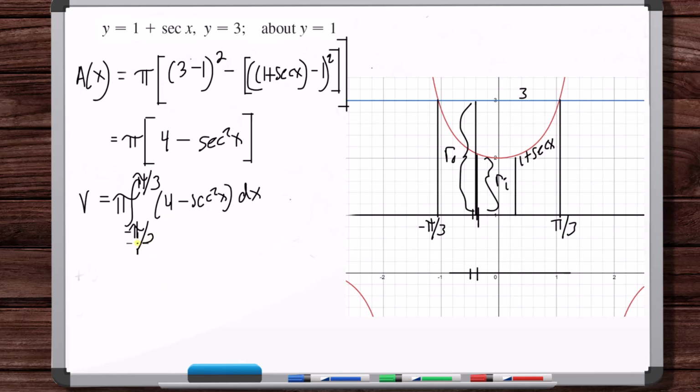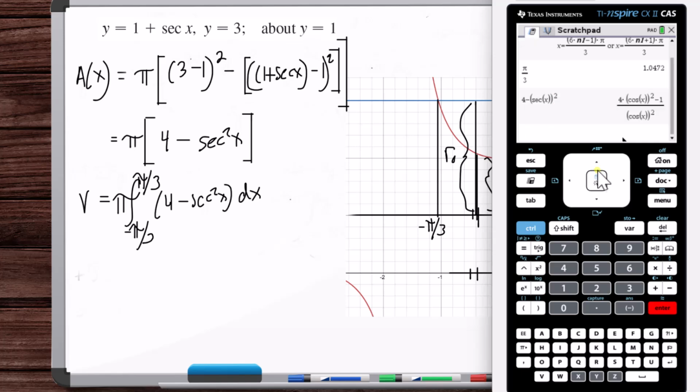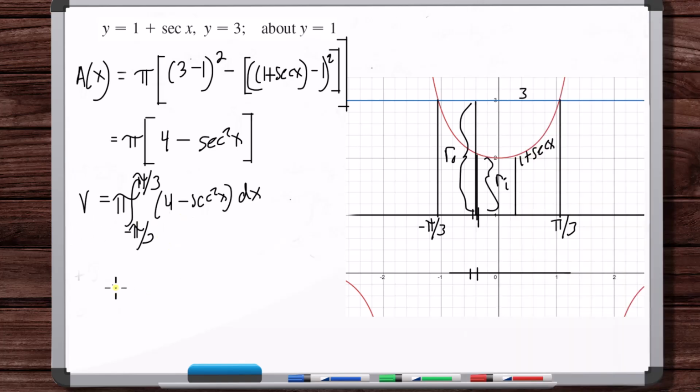Since we're going from minus a to a, this looks like it could be an even function, so let's check that. f of minus x is equal to f of x here, so 4 minus secant squared x is an even function. So we can take out a 2 and rewrite it this way.